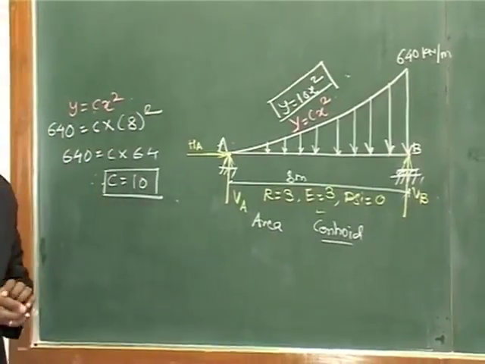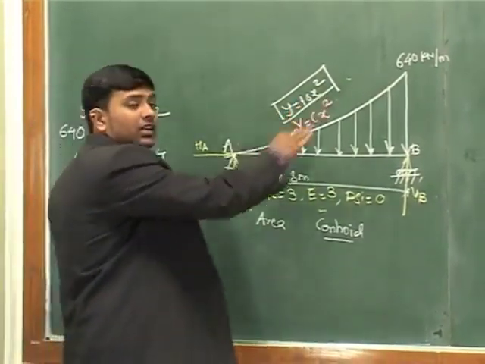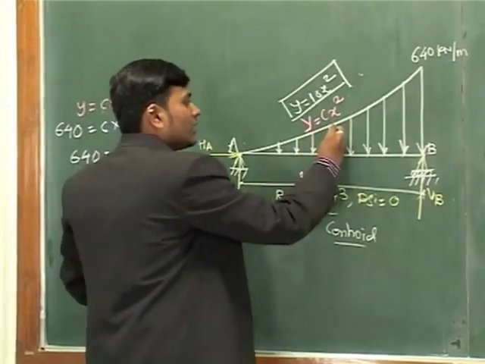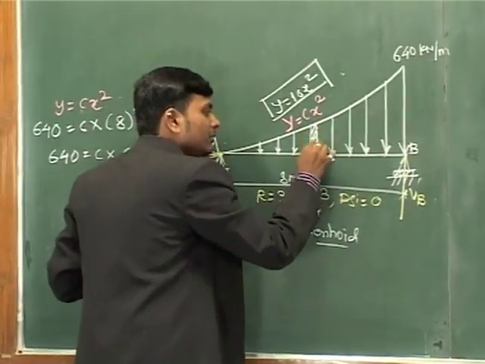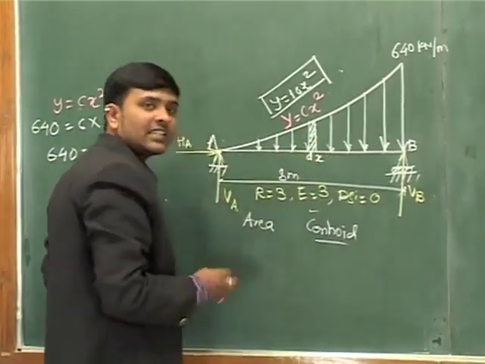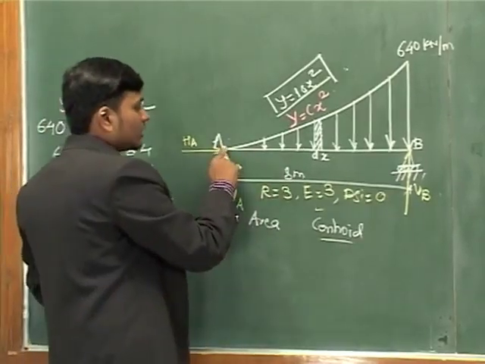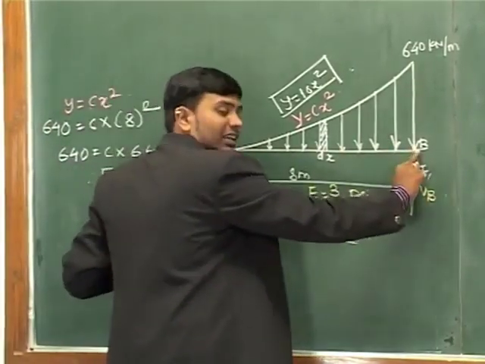Now to calculate the area under the curve, we consider one elementary strip of length dx and integrate it from the lower limit 0 to the upper limit 8.